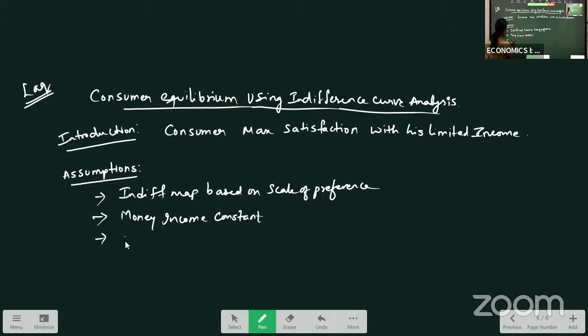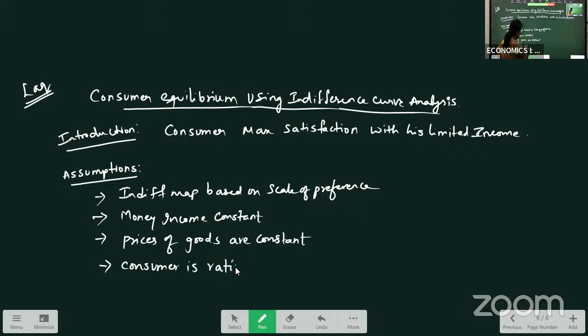Then the third assumption we make is that prices of goods are known and constant. Means throughout explaining this law, the price of the goods will remain the same. And also we assume that the consumer is rational and tries to get maximum satisfaction.